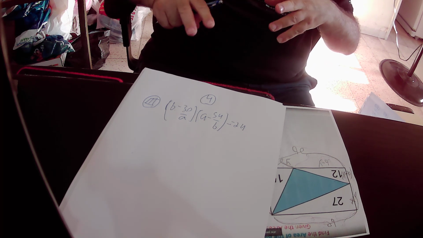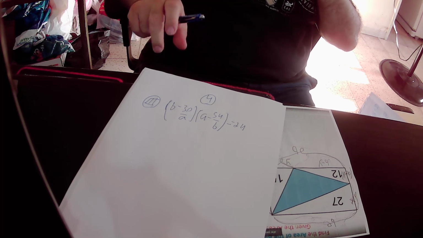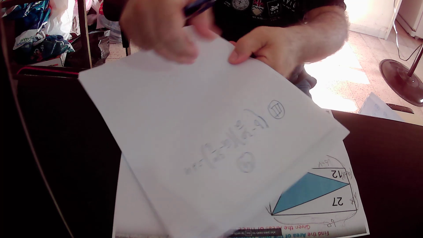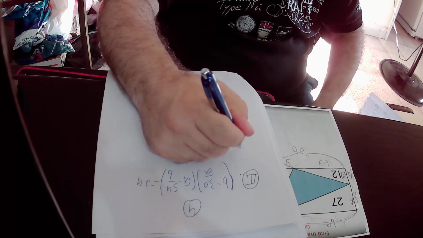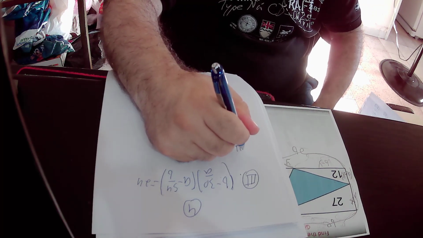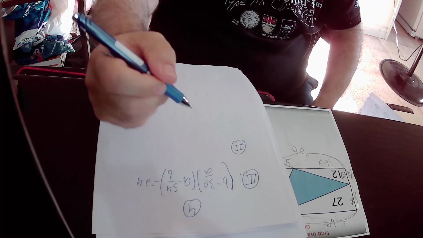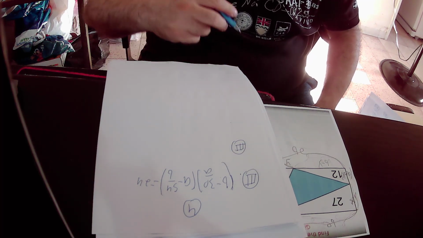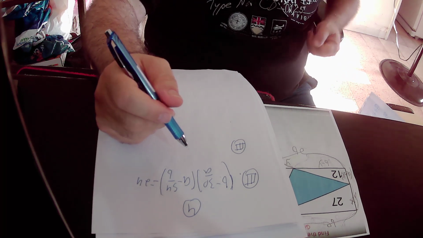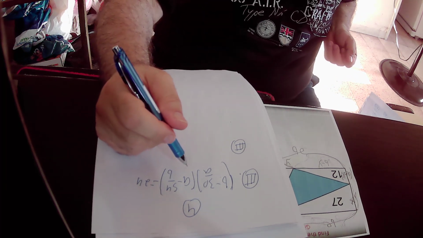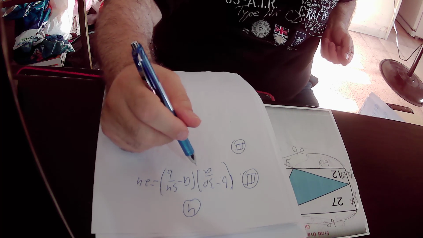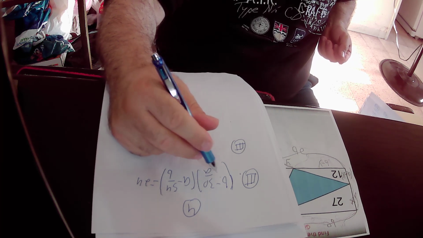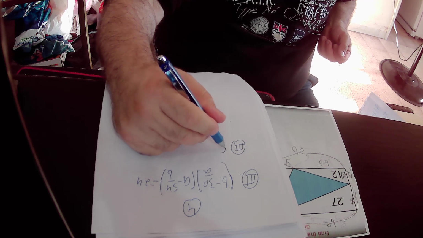Now we will open the brackets in the third equation. B times a is ab, or ba, it is the same.